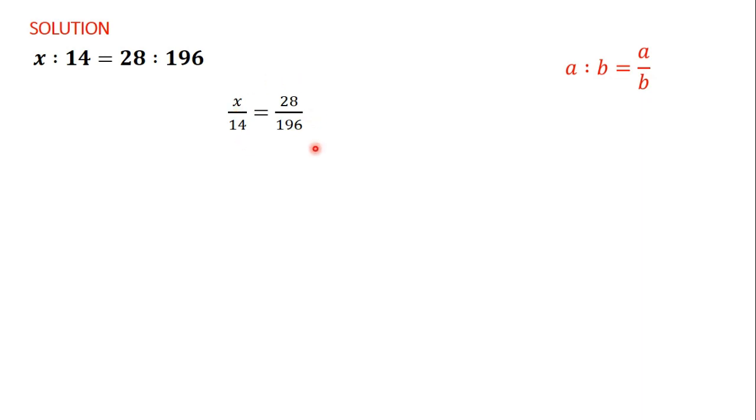This is a linear equation. We are going to solve this linear equation for x.